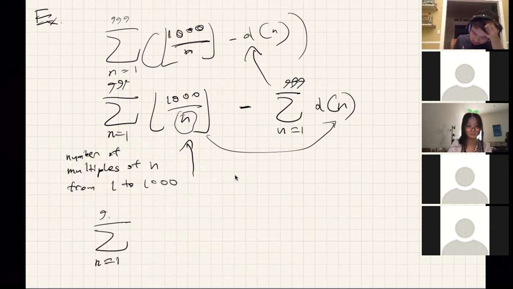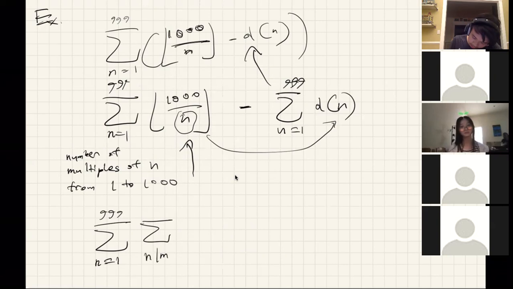Anyways, number of multiples of n from 1 to 1000. That's how we think about this floor function from now on. So for each n from 1 to 999, we're summing up the number of multiples of n from 1 to 1000.